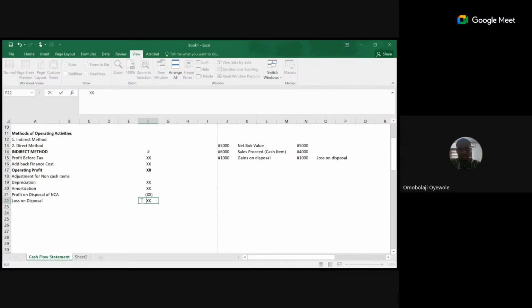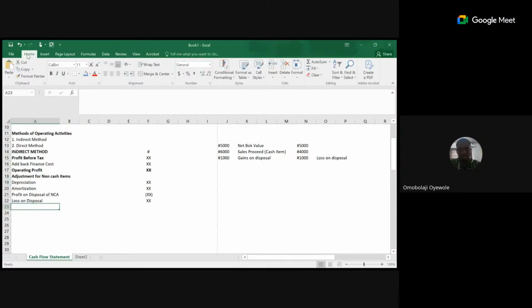Remember, what we are dealing with is adjustment for non-cash items. Adjusting our non-cash items helps us see our profit from the cash point of view, no longer taking into consideration everything added as a result of the accrual concept on which we base the preparation of our profit or loss statement.